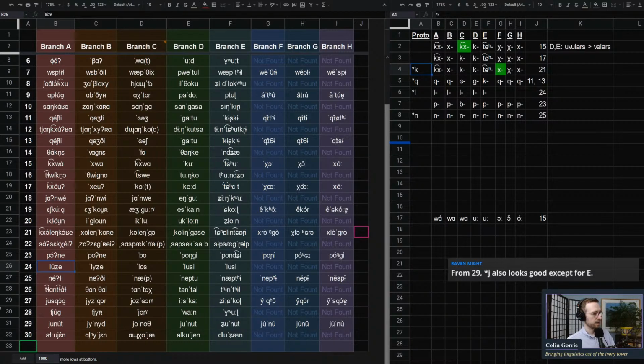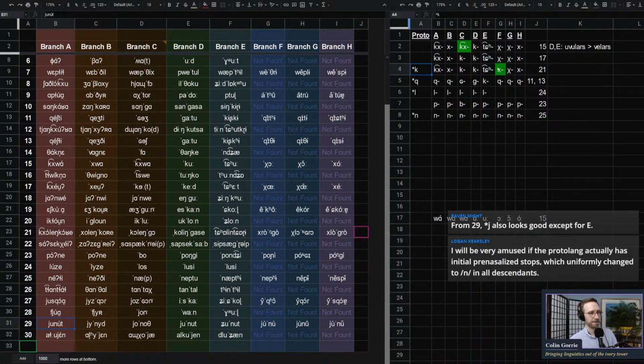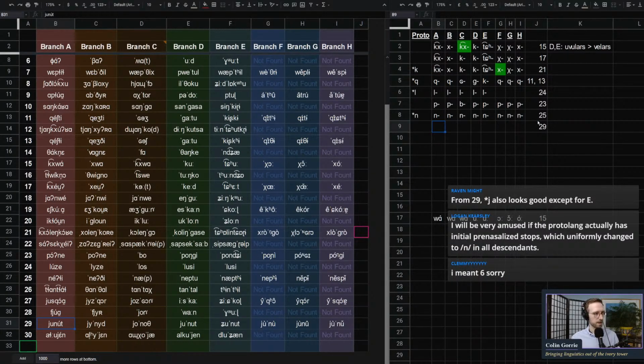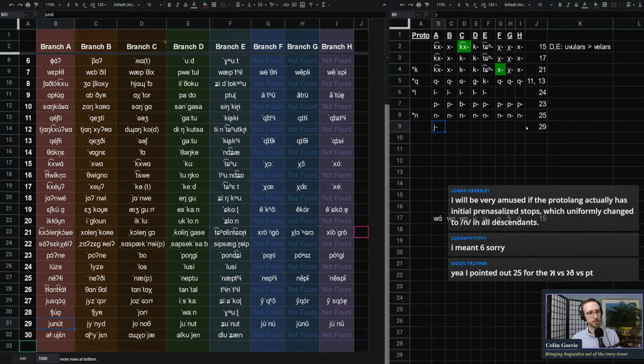Let's see. We also have, thank you, Raven, in 29, this y, which shows up everywhere except for in branch E, and we get some sort of je.